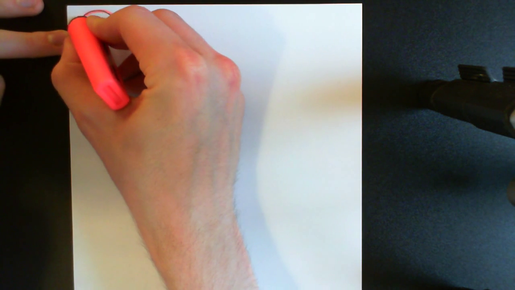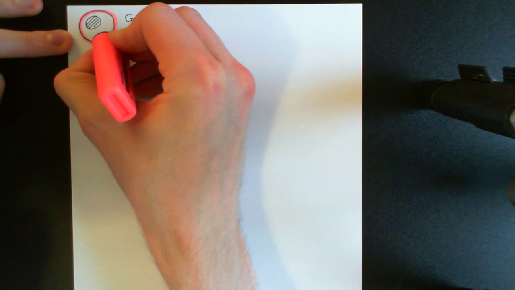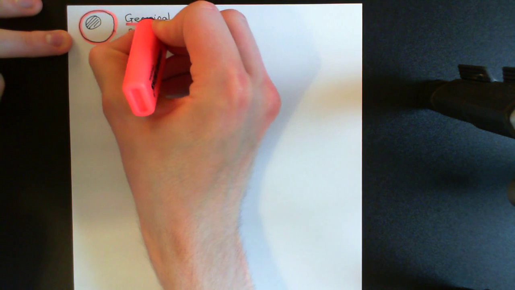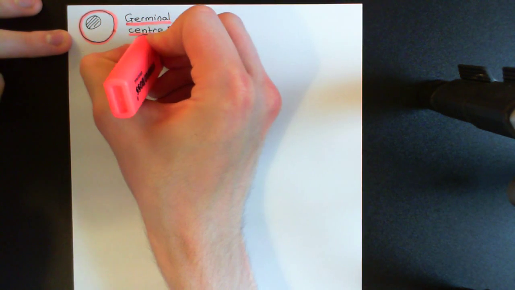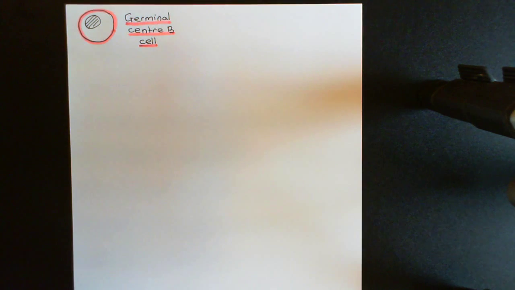So we want to now discuss, where do the actual effector B cells come from? How does the germinal center result in the production of effector B cells? So, at the moment what we've seen is that the germinal center will be producing germinal center B cells that have immunoglobulin molecule designs that have a greater and greater affinity for the epitope of the antigen.